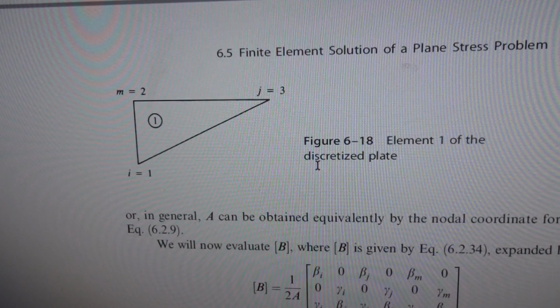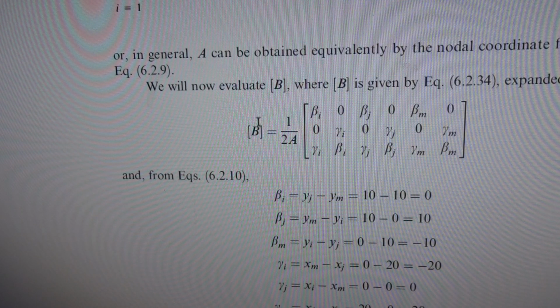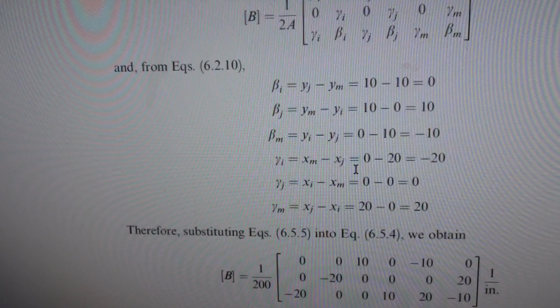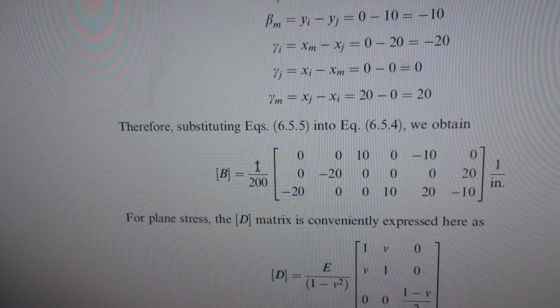I have already derived it, so I only show you how the B matrix is obtained. So B is equal to 1 by 2A. You follow the convention and find the value of B. When you solve, you will get the value of B.